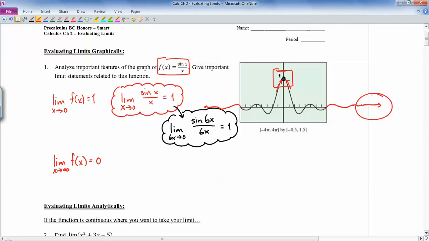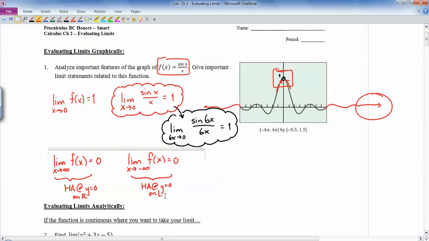The y values go to 0. So this actually says we've got a horizontal asymptote at y equals 0 on the right side. And then we could say the same exact thing on the left side. That also turns into 0. So we've got a horizontal asymptote at y equals 0 on the left, too.